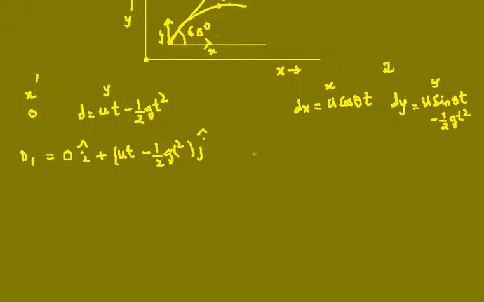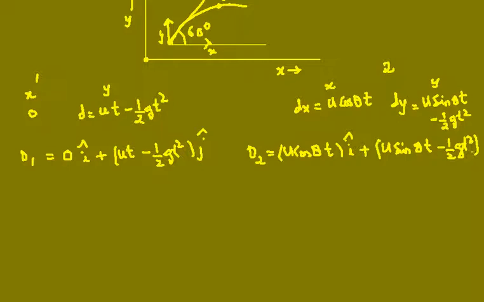Similarly, the displacement of body 2 would be u cos theta into t into i cap plus u sin theta into t minus half g t square into j cap.